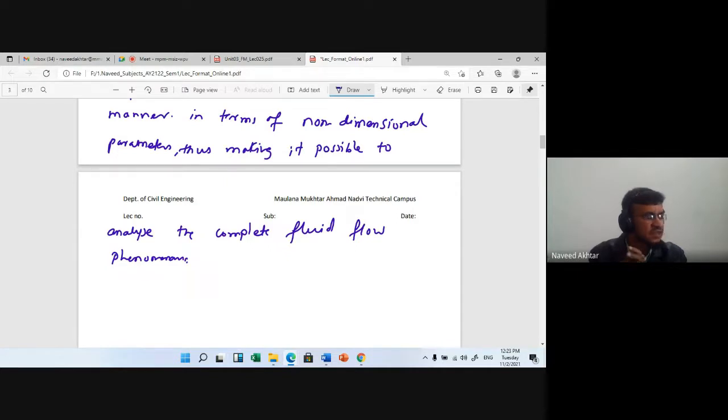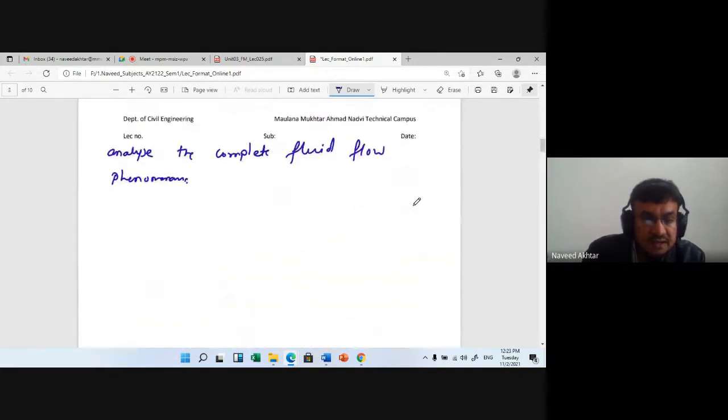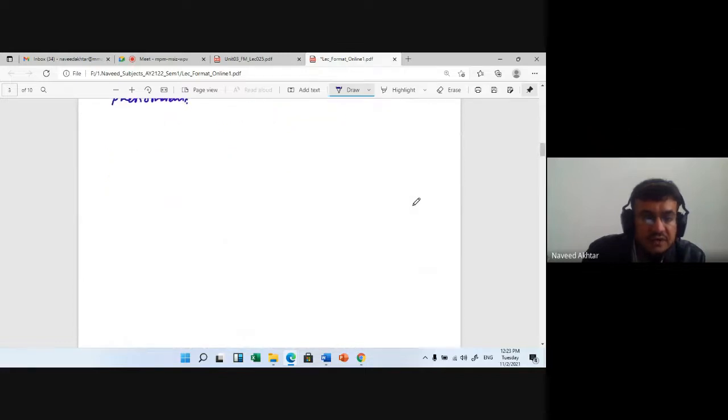So to study the fluid phenomena, we make models, and that phenomena can be observed or experimented and recorded, and parameters are set. That's why dimensional analysis and model studies are very important if you are going to study fluid mechanics. That's why these units are included in your syllabus.